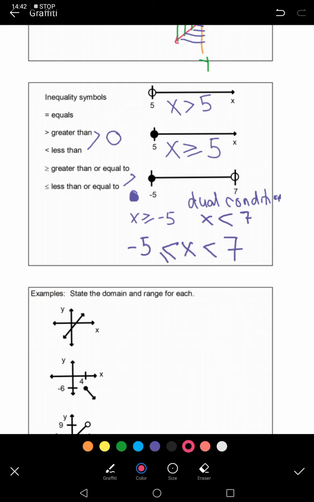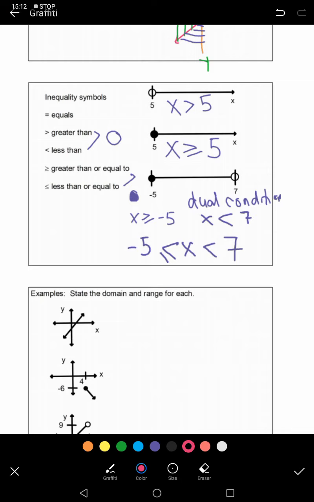Now when I read this from the center out, we have to make sure it's saying the same thing as what it says above. x is greater than or equal to -5 and x is less than 7. So we read it from the center: x is greater than or equal to -5, perfect, and x is less than 7. So you can see that we can simply combine those two conditions in a very comprehensive way.